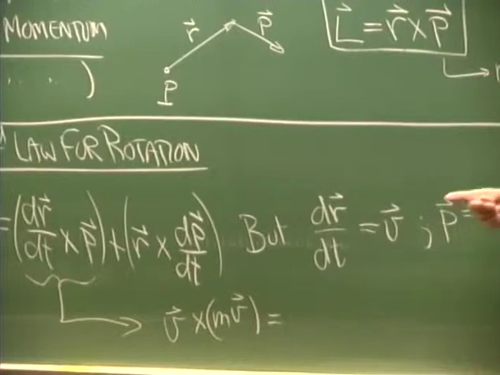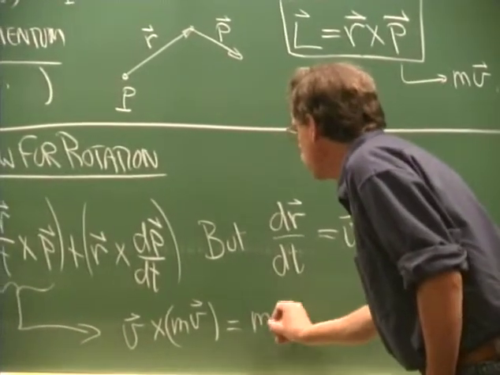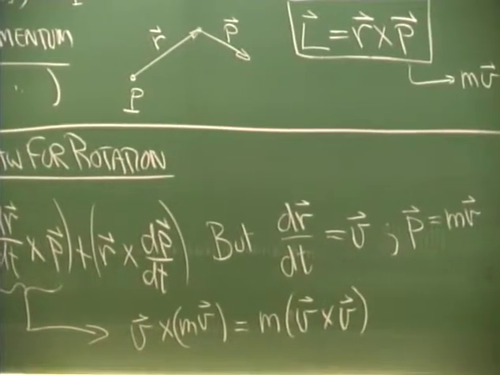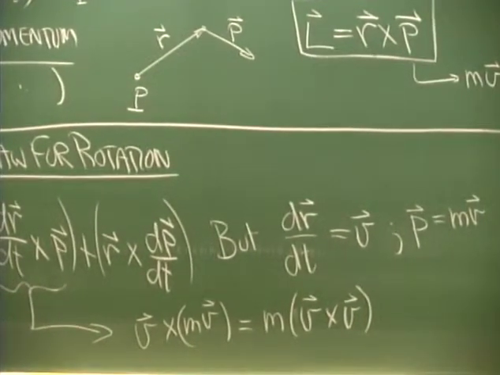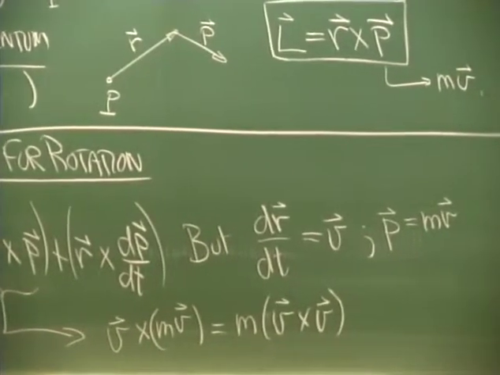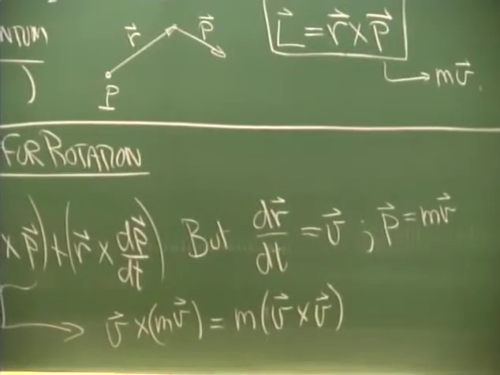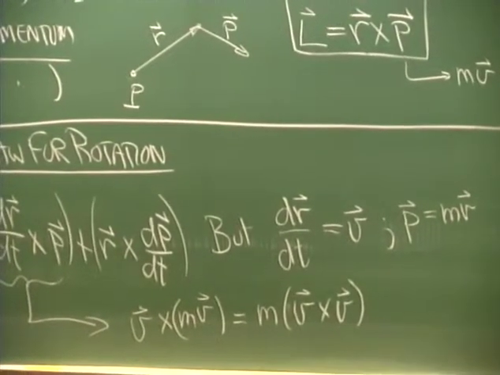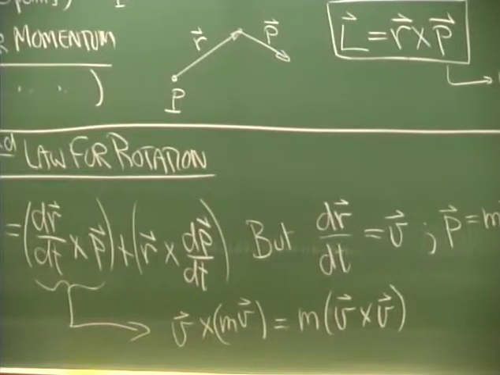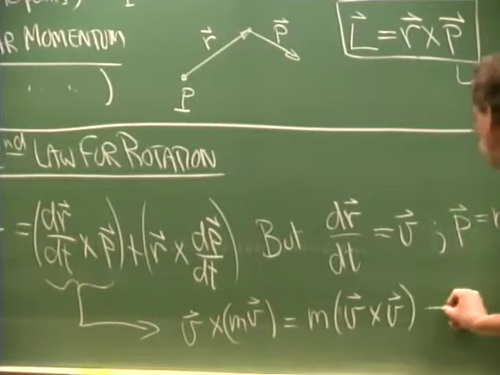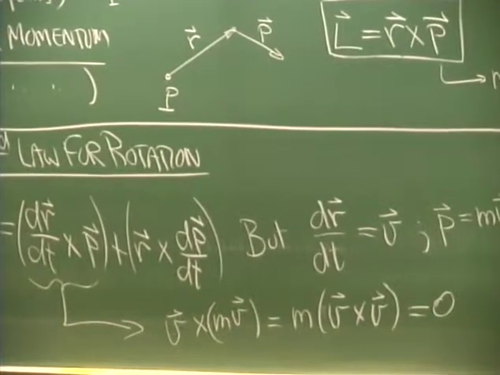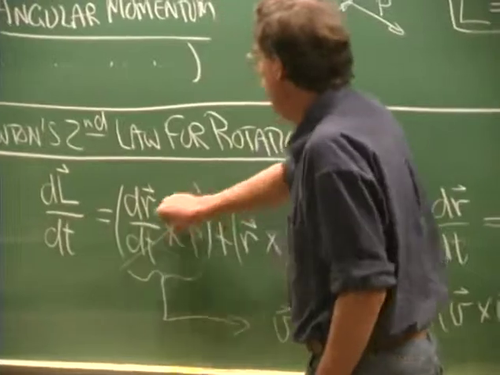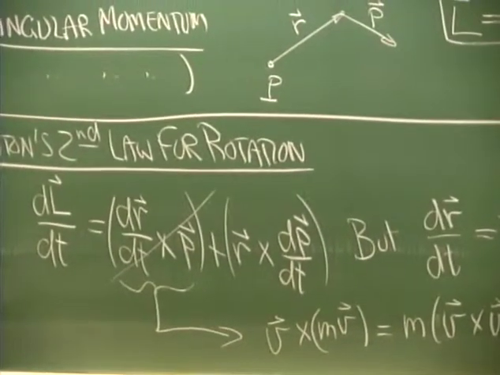The m is a scalar. I can pull it out in front of the cross product and write this as m times v cross v. What do you make of that? v squared? No, not v squared. If it was v dot v, then it would be v squared. It's v cross v. Any vector crossed into itself gives you 0. It's a sine of the angle, and the angle is 90 degrees. The angle is 0, excuse me. So this is equal to 0. The cross product of any vector with itself is equal to 0. So it so happens that the first term here is automatically 0 because it involves v cross v.